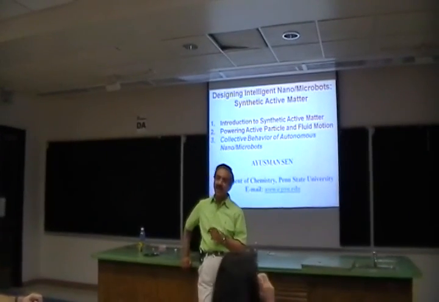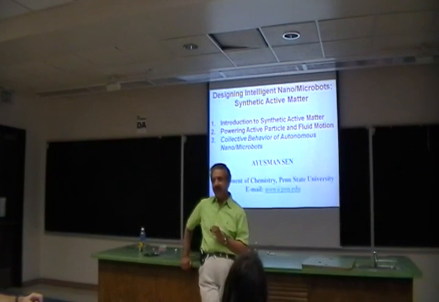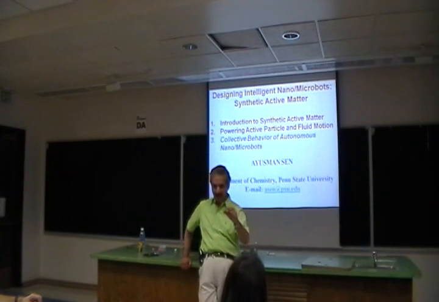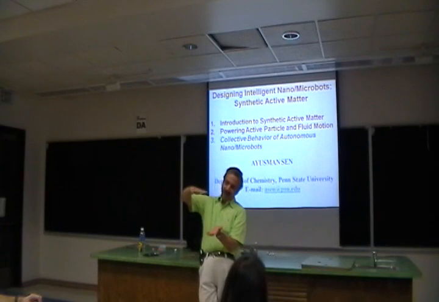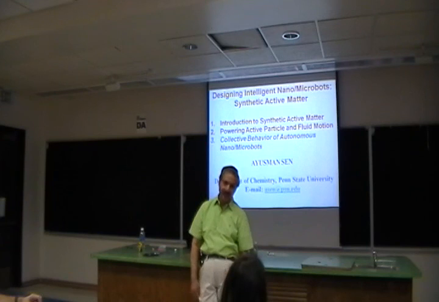The only restriction is you do not want to use something ionic. The reason has nothing to do with the motion per se, but if you have a high enough ionic concentration, A, you slow down the motion because of the relationship I showed you, and B, they start to stick because you compress the double layers. While they're floating on the glass slide like this, now they start to stick. Those are the only two things.